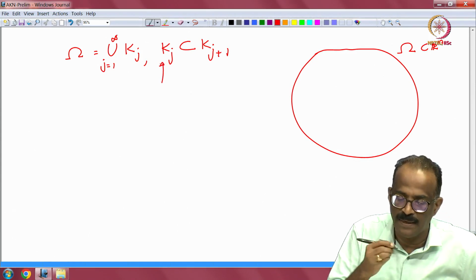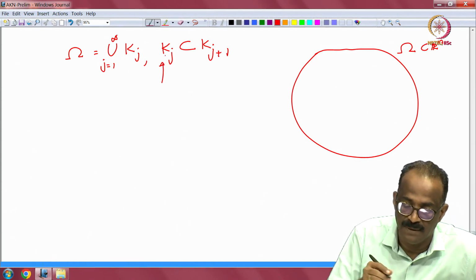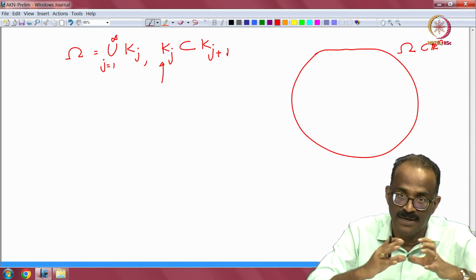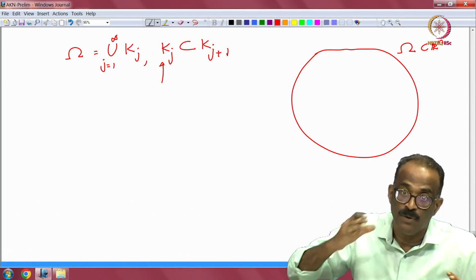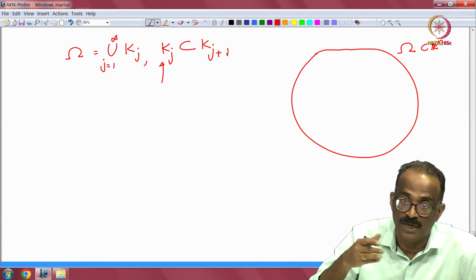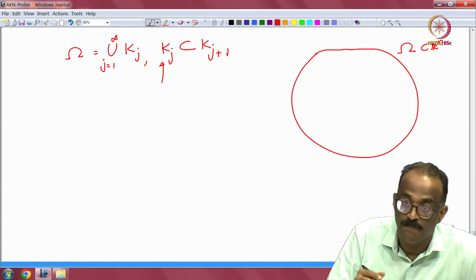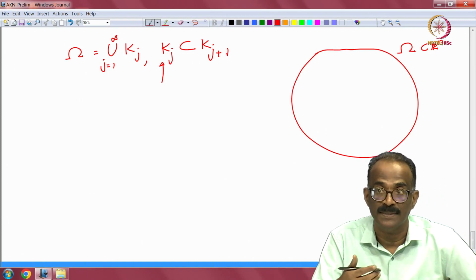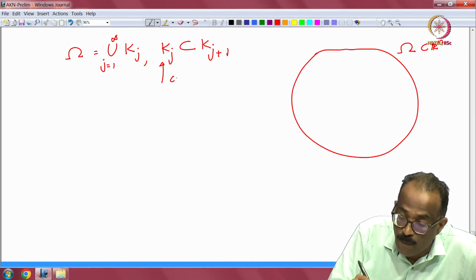Now you have to be a bit alert, because there are two things coming when you go to C infinity, m and the Kj's. So, keep track of your index very carefully when we speak of continuous embeddings and all that. These are compact.